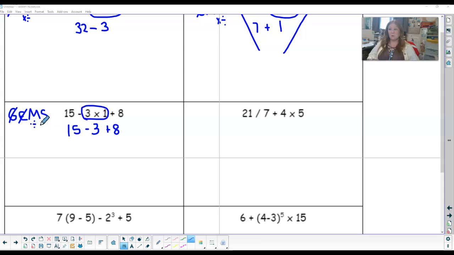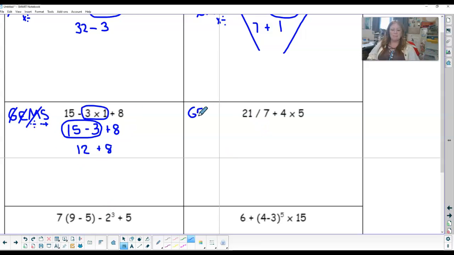So we're still looking for multiply and divide, subtraction, addition. So it looks like we're done with our M. So now we're doing subtraction and addition, whichever comes first. So here we have 15 minus 3 is 12. And I bring down my 8. And you can go ahead and finish that problem up.